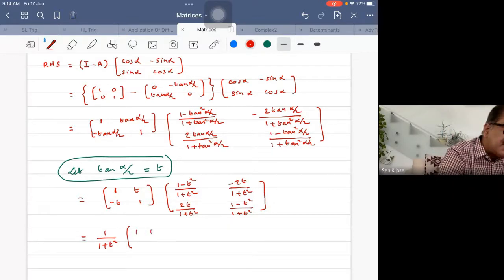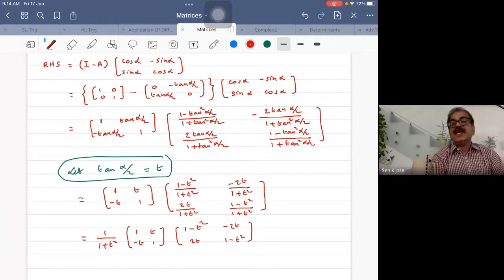Look at that, all of you. So this is what I have. This 1 by 1 plus t square came out of the second matrix. If you are not able to understand, please tell me. This is what I have now.